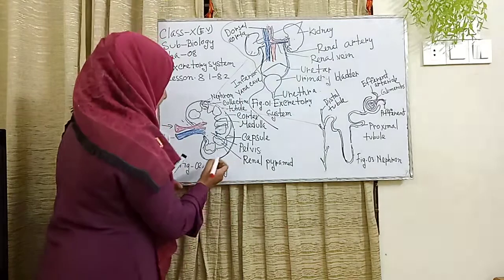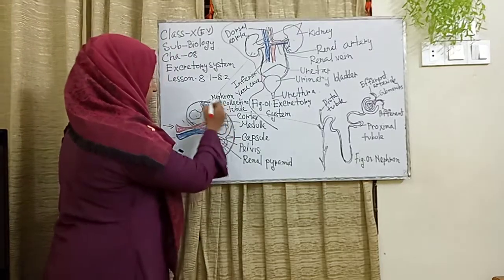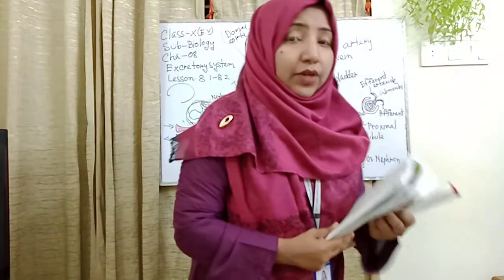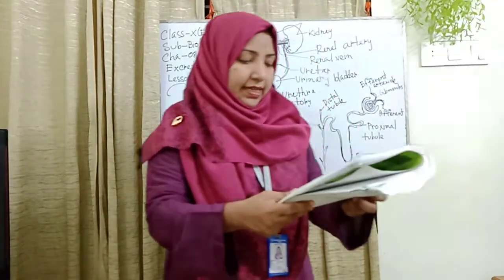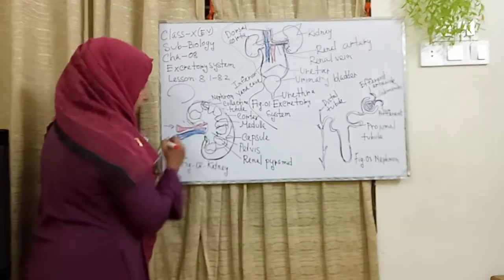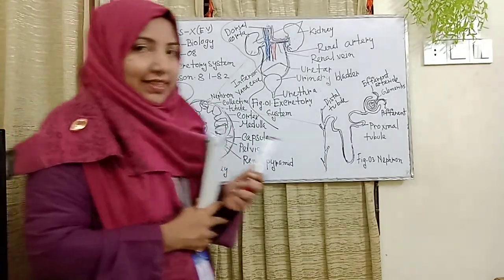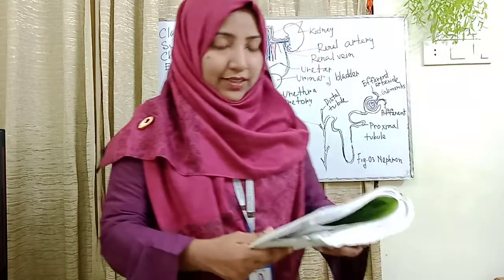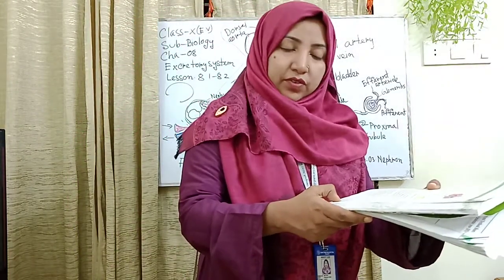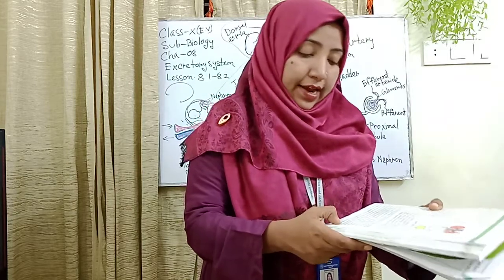This structure is convex on the outer side, and the inner side is concave. The first structure is convex and the second is concave, with an indentation called the hilus or hilum.